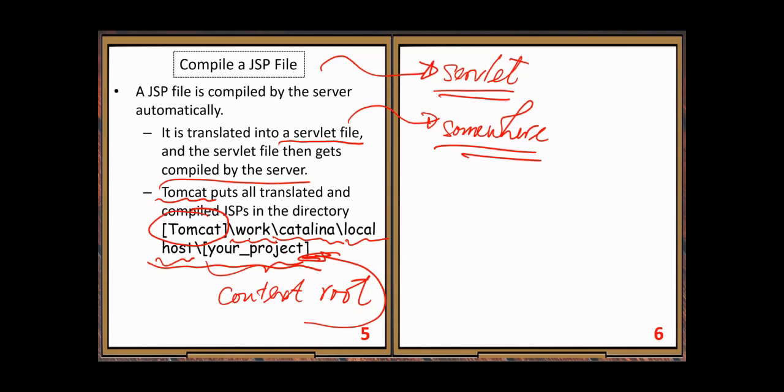If you open it, you can find your translated JSP files. But here we talk about the standard Tomcat. What is the standard Tomcat? You install Tomcat and deploy your web application inside your Tomcat directory. That's the standard Tomcat.